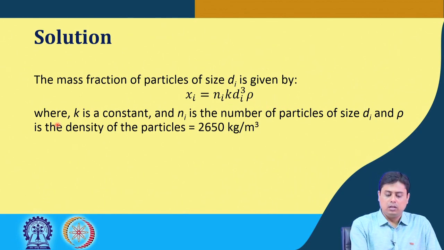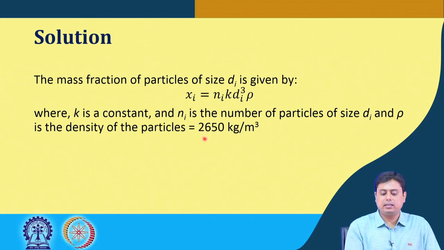Okay. And here that density is given as 2650. Okay. But we will come to this later, it is not important at this moment, but what you have to understand is that this is the relation between the number and the mass fraction, ni and xi.